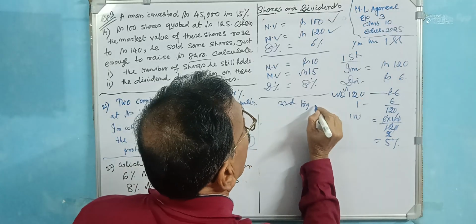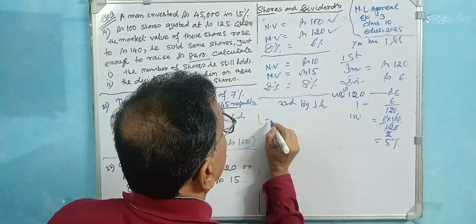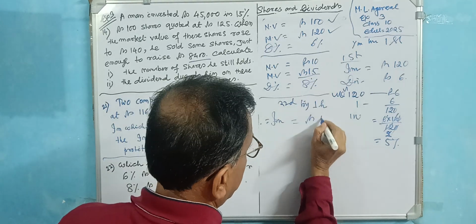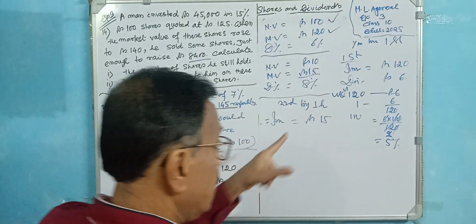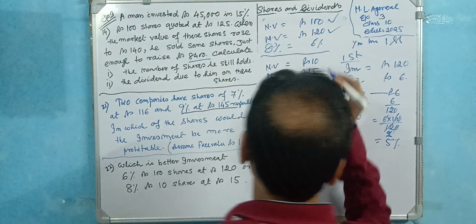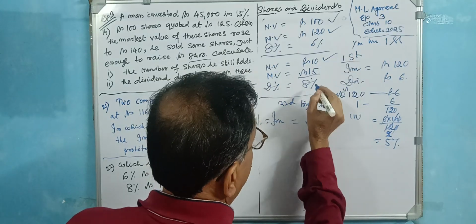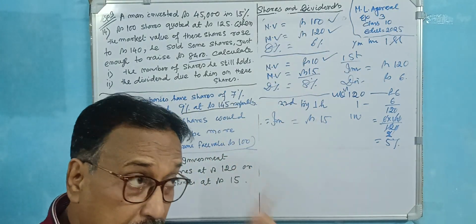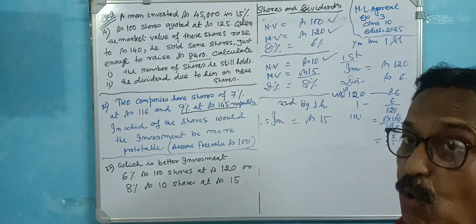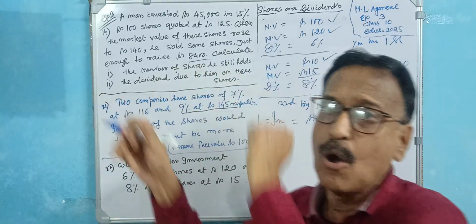But now in the second case, buy one share. So the investment, market value, is rupees 15. Investment is 15, but in your company actually you get 10. And the dividend is 8%. That means actually you get rupees 8 as a dividend when you invest rupees 100 in a company.